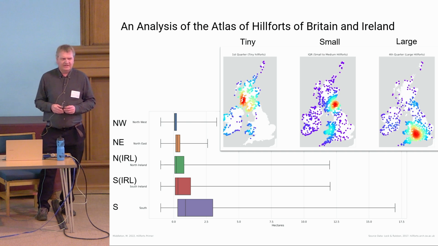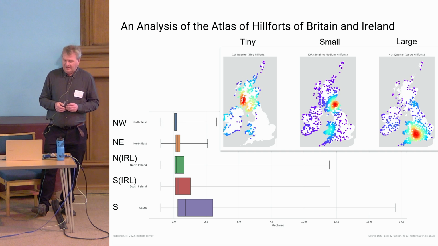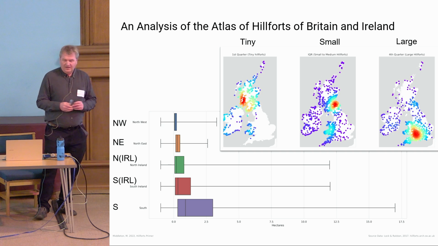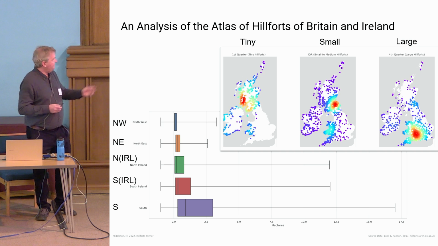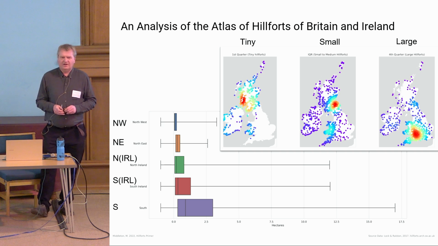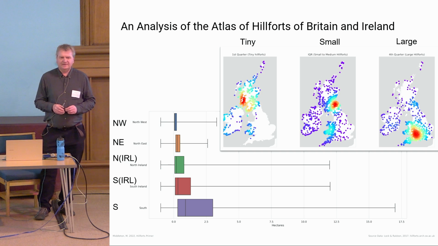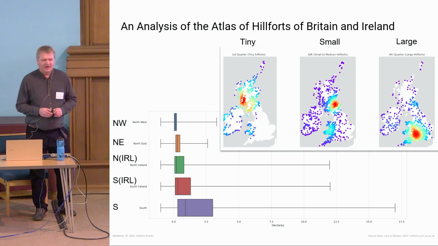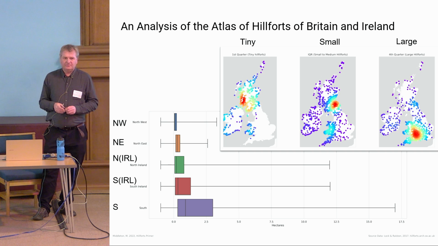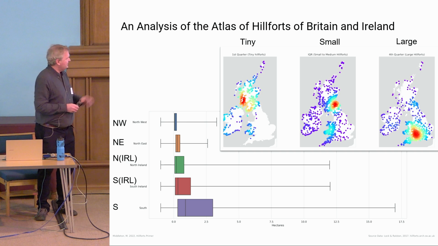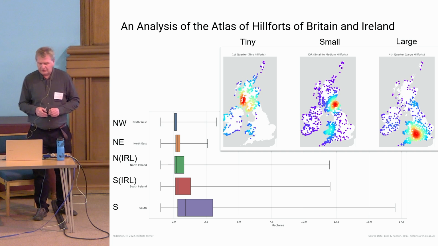The central one is the central 50% of that data, what you call the interquartile range. The data on the left, the tiny forts, these are the lower quartile, and the data on the right is the upper quartile. And there's actually a 4th class, which is not visualized here, which is extremely large forts over 10 hectares. These are the very top 2.2% of the data, the outliers, effectively. And they form a subset of that southern group.